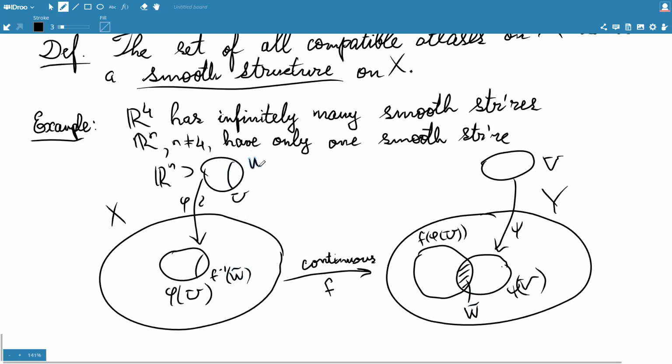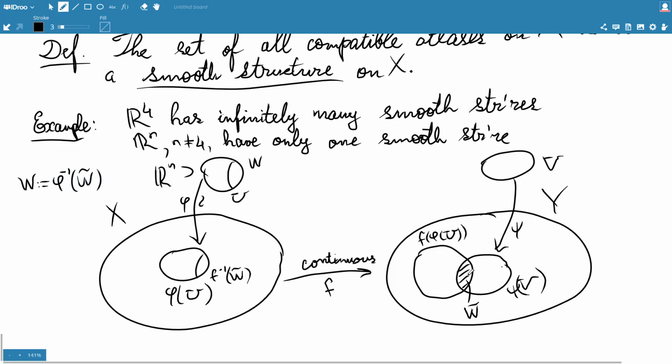So we have W, which is by definition phi to minus 1 of W tilde.